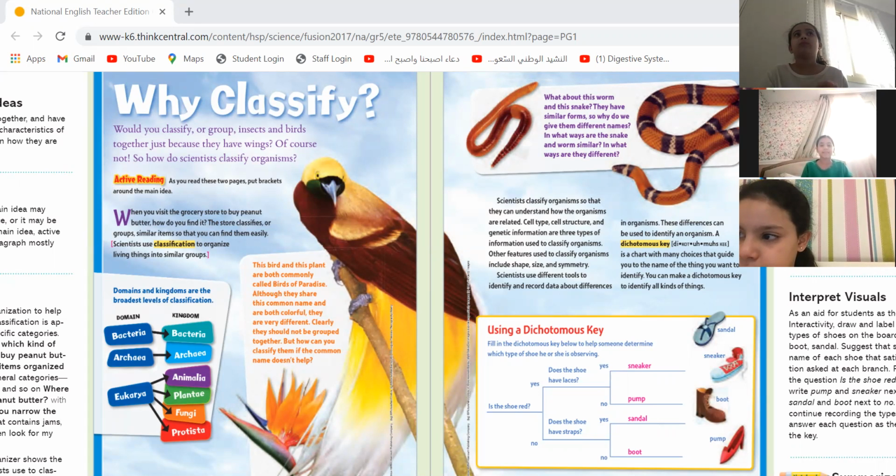Whenever you want to find where are worms, where are snakes, it will give you a word to find in the chart to know the identification of the snake or of the worm or of this type. So it's just like a hint. It will give you the key how to search.